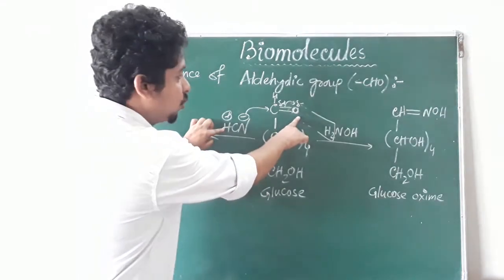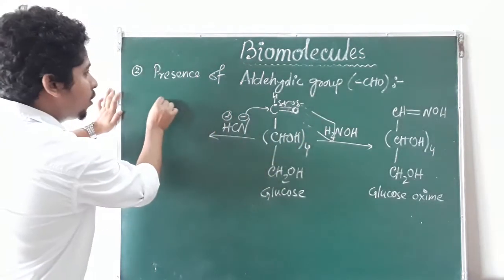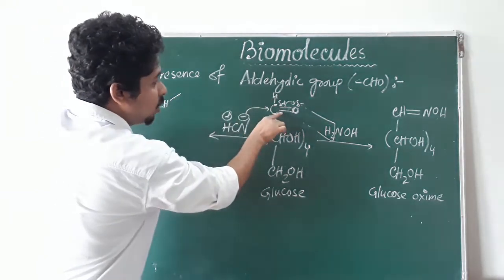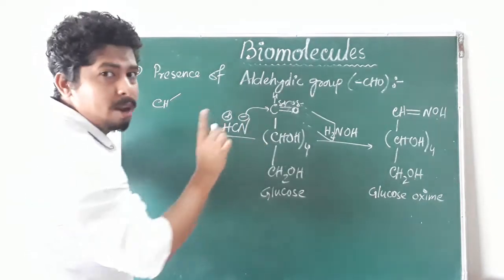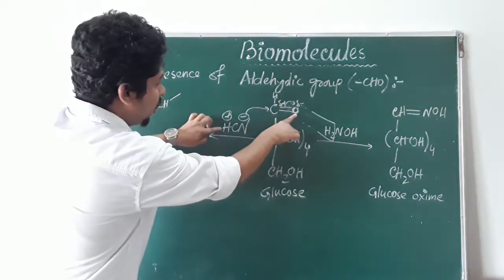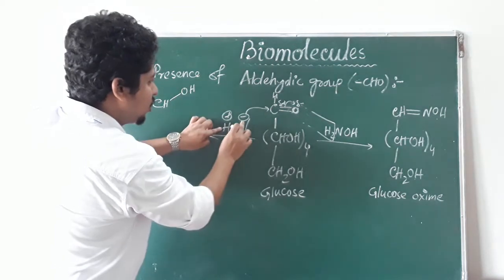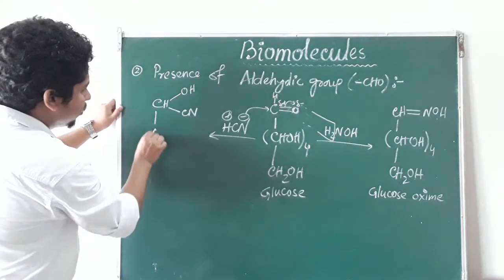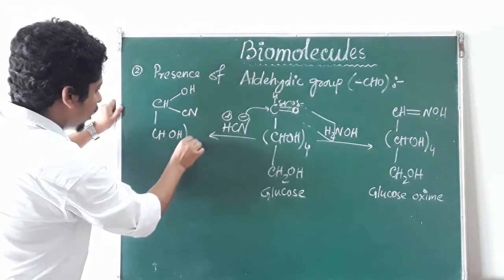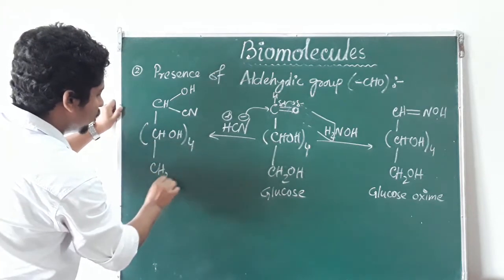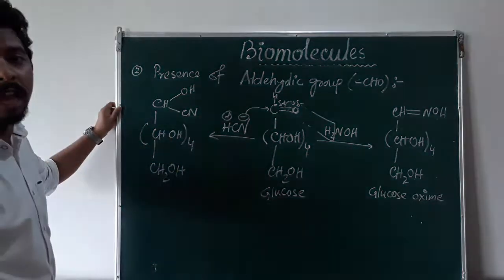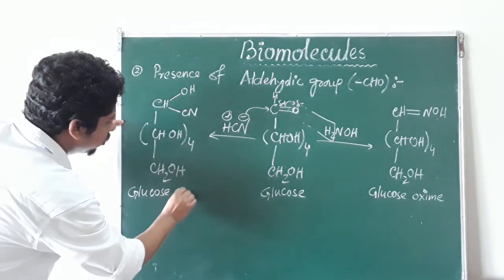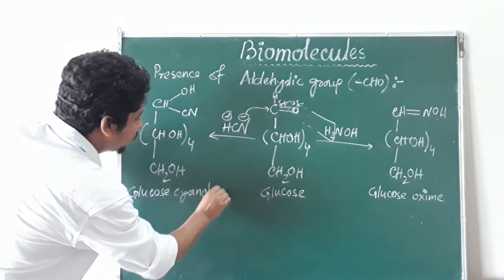So what we are getting, here we have CH bond, here you see there will be only one bond, bond O minus, and this O minus will take this H plus, so it will become OH. And here this CN is attacking this carbon, so here we have CN. And below that we have CHOH 4 times bond CH2OH. This is called cyanohydrin, or exactly you can say glucose cyanohydrin.